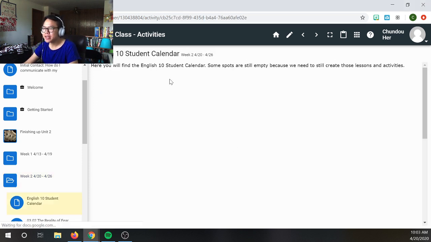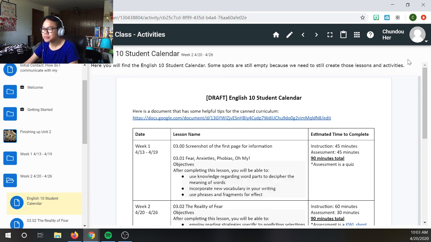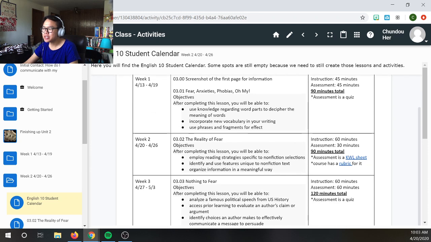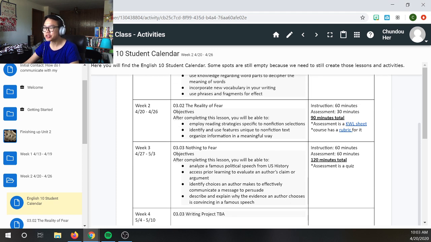Now, first thing is there is an English 10 student calendar now. So this student calendar is for you mostly, so you know what is coming up in the near future. In general, I'm going to be posting this up with every single week, just so that way people can keep up with things and know what is coming up in the future as well.